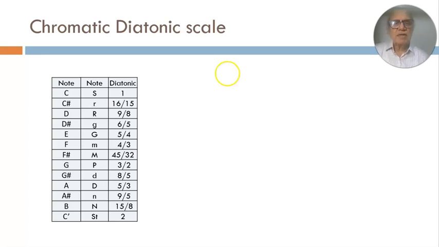You will find that the percentage difference is quite small and you will require a trained ear in order to recognize this. An average person probably will not be able to recognize all the differences.